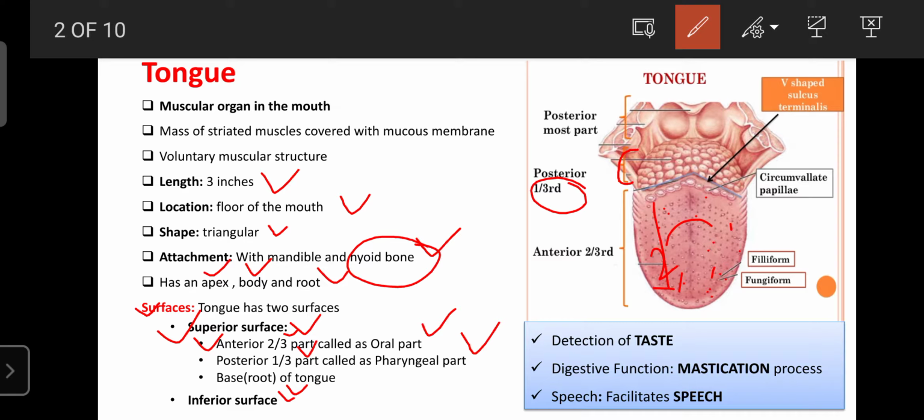They have different types of cells: the cytotoxic cells, then natural killer cells, also known as NK cells, then memory cells, then supportive cells. So there are different types of T lymphocytes, and they are also stored in the tonsils.